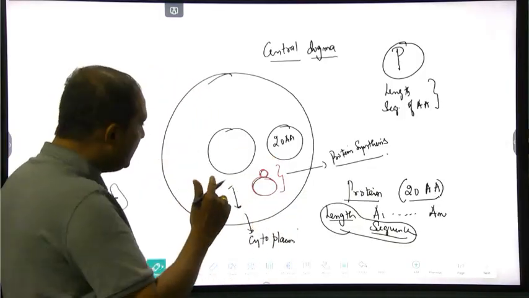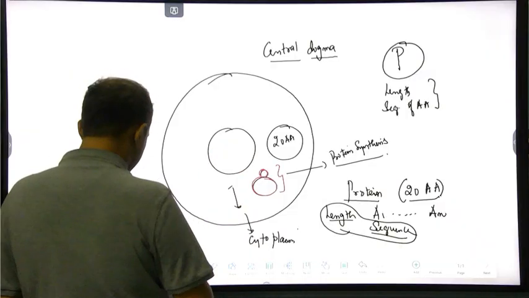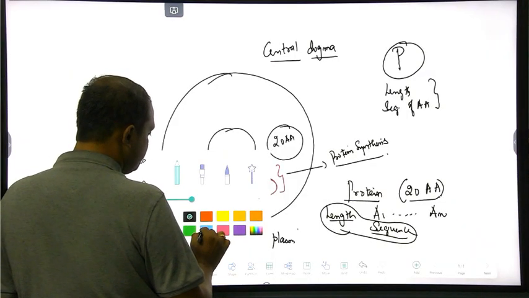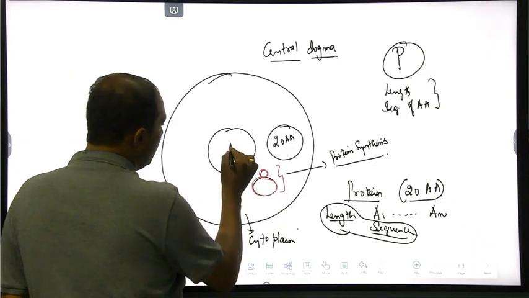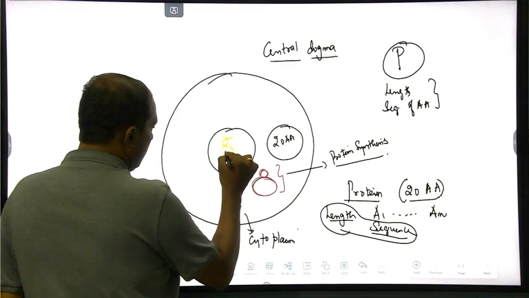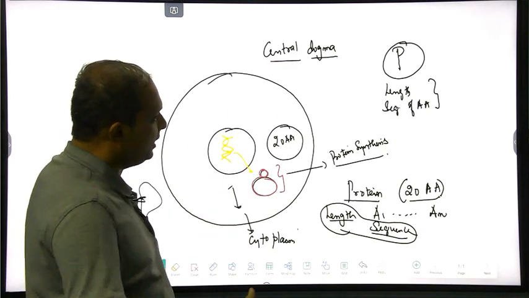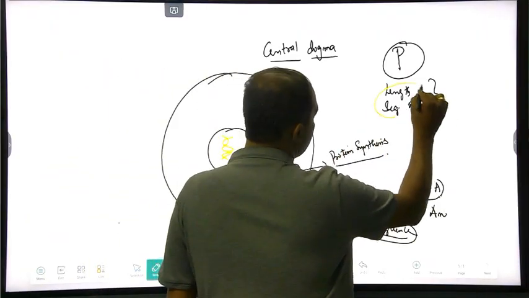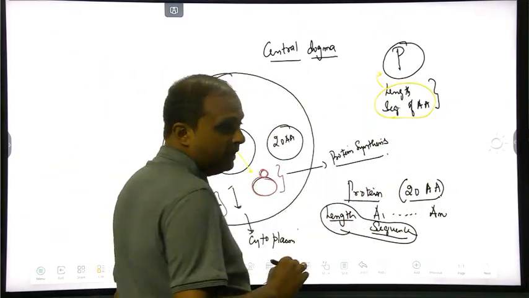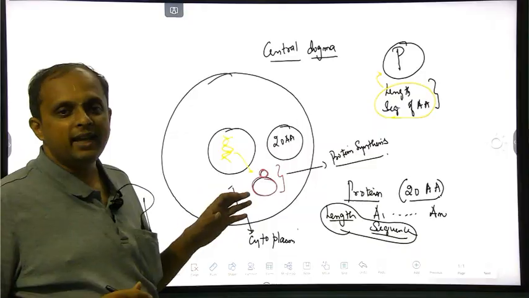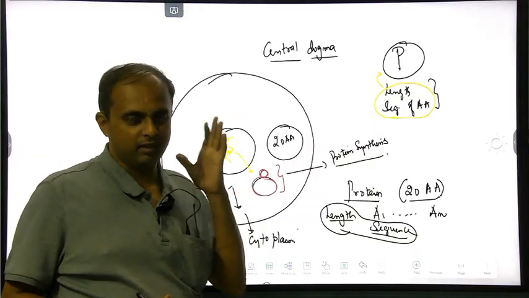It is generally available inside the nucleus, where we have something called DNA. DNA has the information regarding the length and the amino acid sequence for that particular protein. That's the reason why we call DNA the genetic material.